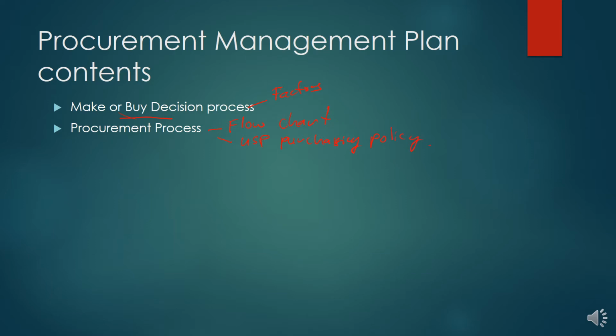Once you go through the purchasing policy, it gives you enough insight as to how you're going to create your own procurement process. Basically, you want to give anyone who is using your project management plan the idea of how they will go forward and purchase material for the project, or if you want to outsource some services, how you are going to do that. So that has to be captured in your procurement process.